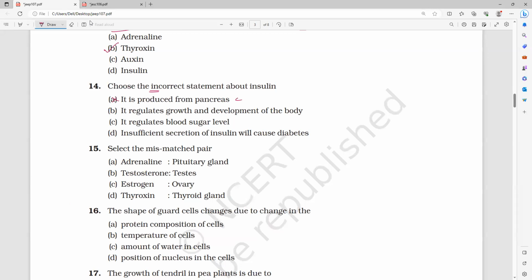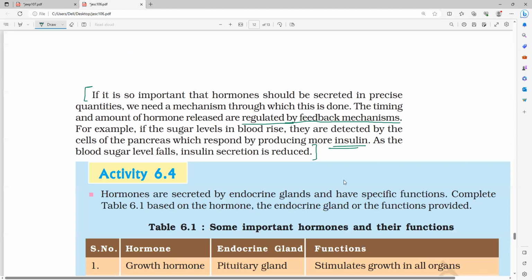Second, it regulates the growth and development of the body? No. It regulates the blood sugar level. Right? Insufficient secretion of insulin will cause diabetes. Correct.